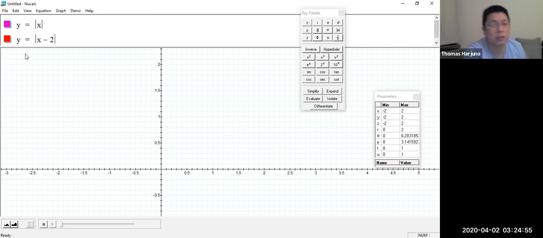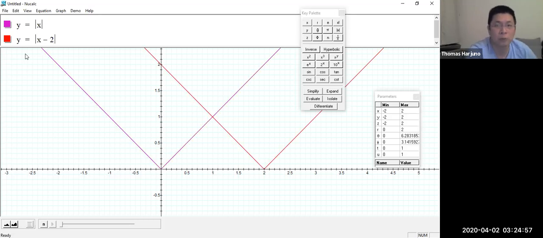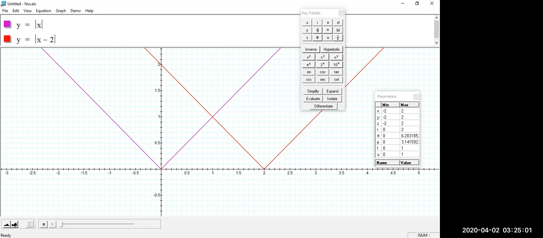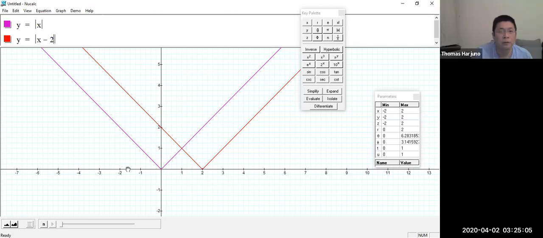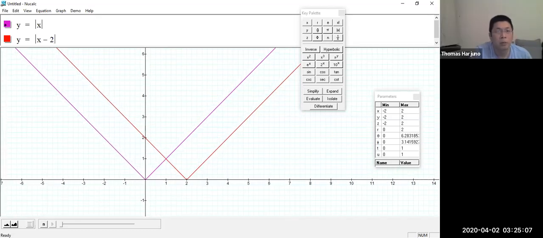So I replace x with x minus 2. Now see what happened. The purple graph is the graph of absolute value of x. When I replace the x by x minus 2, we shift to the right 2 units.